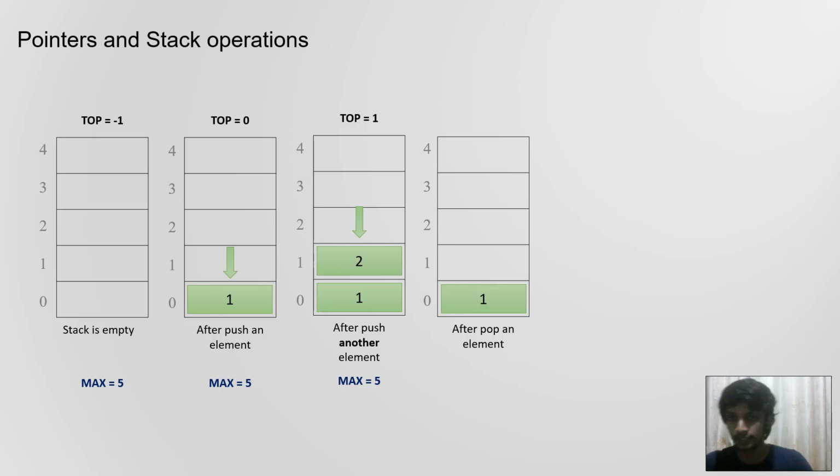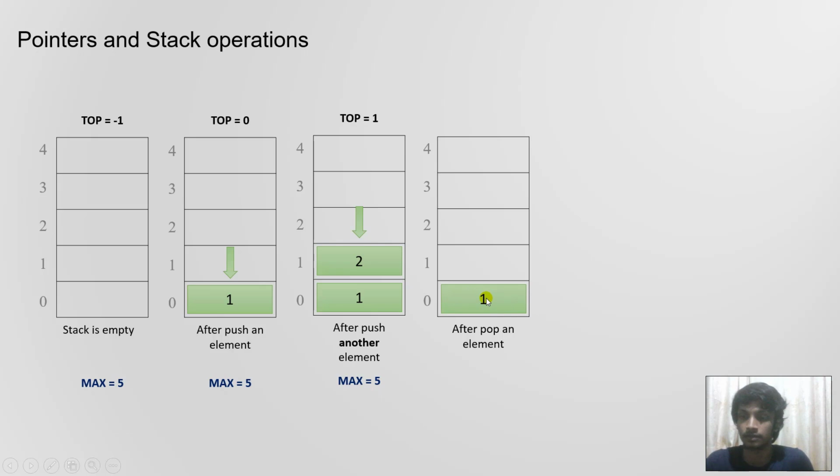If I pop an element from the stack, what happens to the top? Top will decrease because now we have only one element at our 0th index. So our top will change to 0 because it should point to this element.